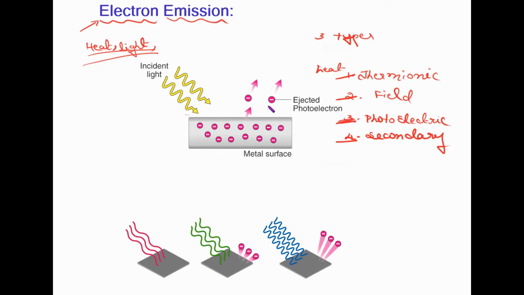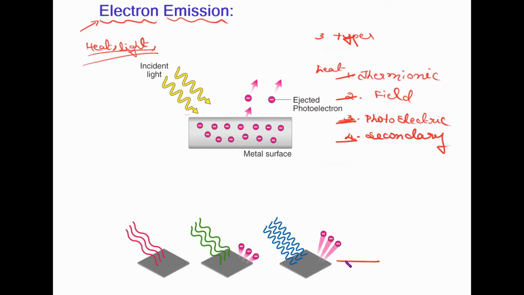The process of emission of electrons from a metal surface when light of suitable frequency is incident on the metal surface is called photoelectric emission. When light energy is incident on the metal surface and electrons are emitted from it, we call that process photoelectric emission. The electrons that come out in this case are called photoelectrons. And you should define this as light of a particular frequency or suitable frequency.